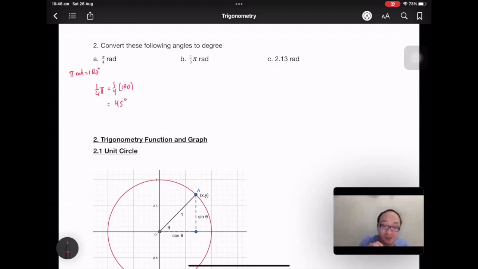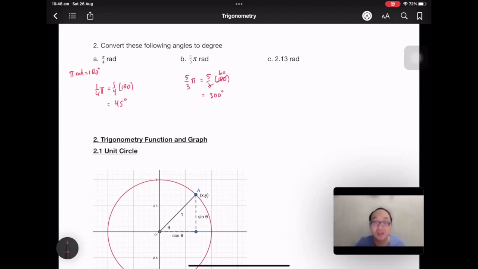And for B as well, we can use 5 over 3 pi equals 5 over 3 times 180. Divided by 3 is 60, so 300 degrees.